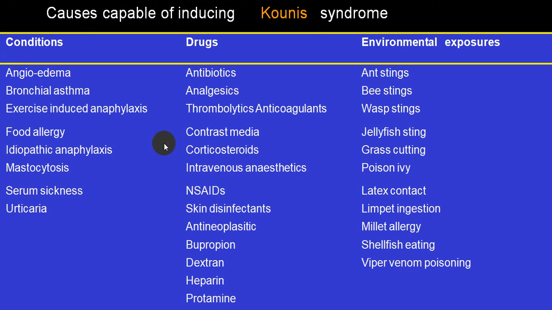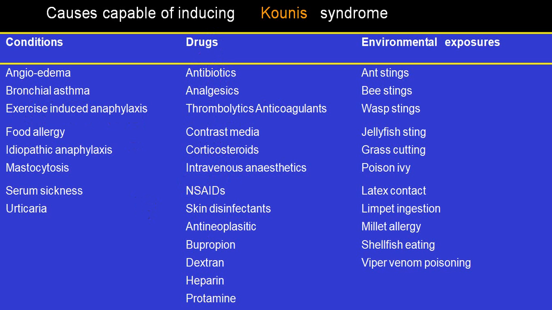These are the etiologies as far as Kounis syndrome is concerned, which is an allergic manifestation involving the coronary artery, like angioedema, bronchial asthma, food allergy, serum sickness, urticaria, idiopathic anaphylaxis, etc. Very rarely, exercise-induced anaphylaxis. And the drugs which are responsible can be antibiotics, analgesics, thrombolytics, anticoagulants, contrast media, steroids, intravenous anesthesia, NSAIDs.